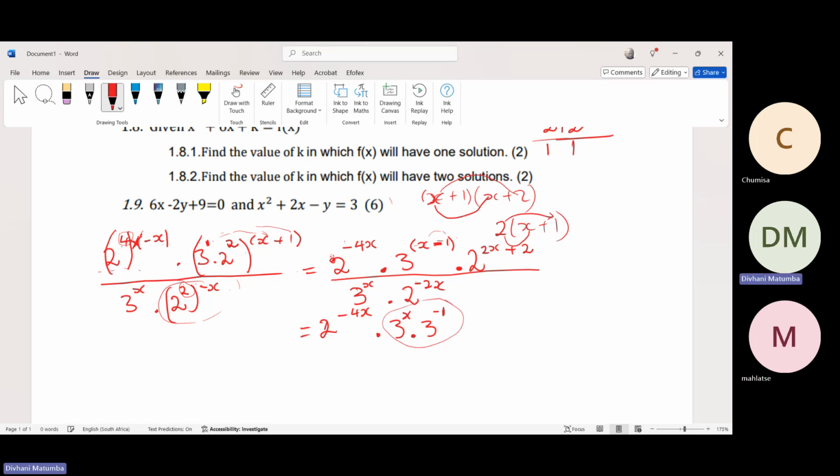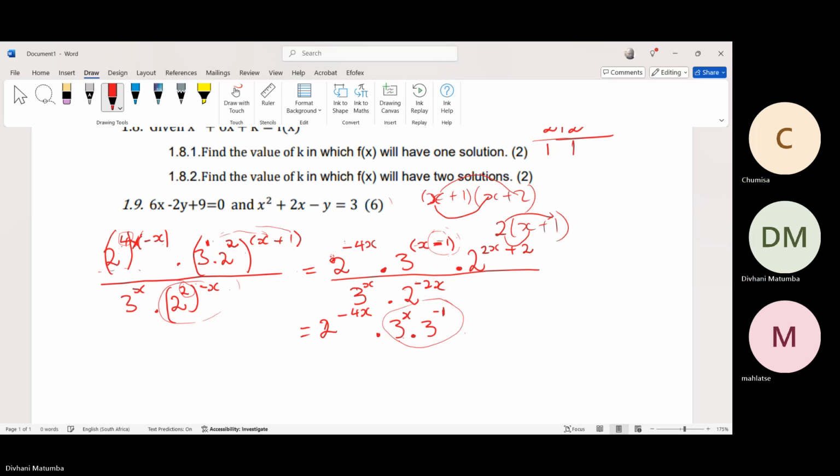It is a -1 because that's a -1 right there. If you multiply two exponents that have the same base, you're gonna have to add the exponents, according to the laws of exponents. Mahlatsi, do you agree? Yes. Kumisi, you agree? Yes, sir.